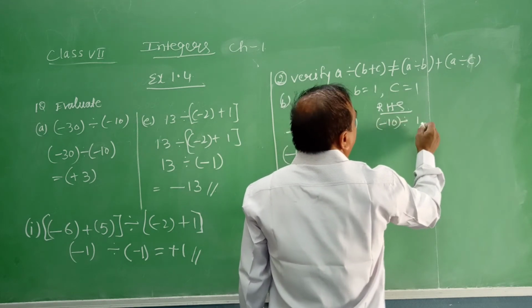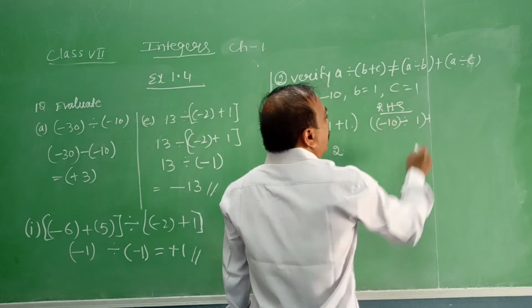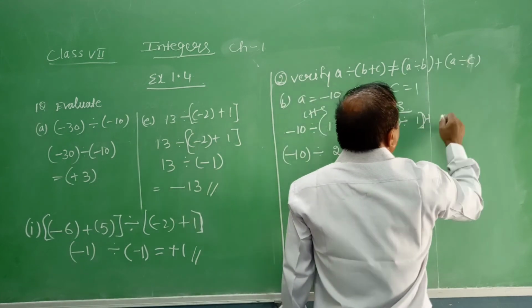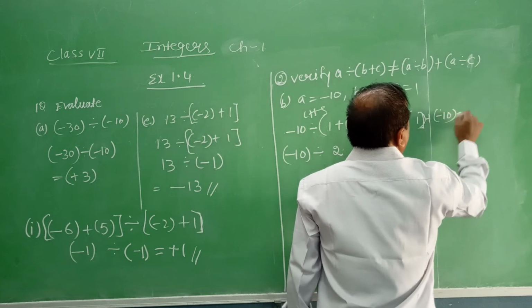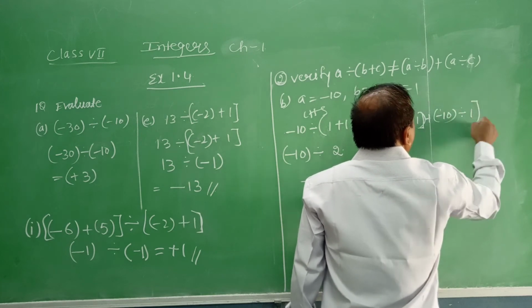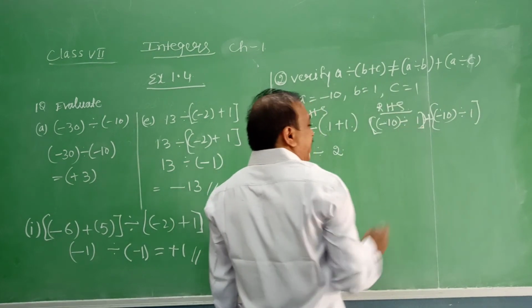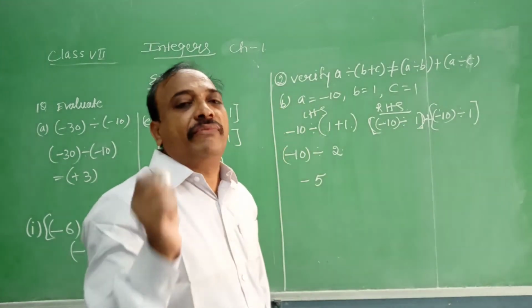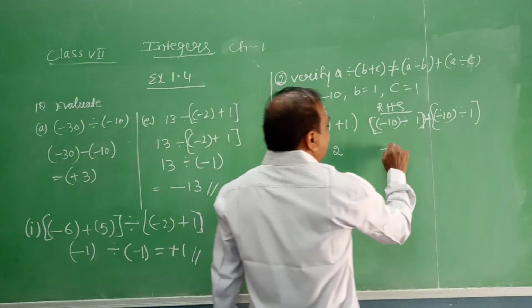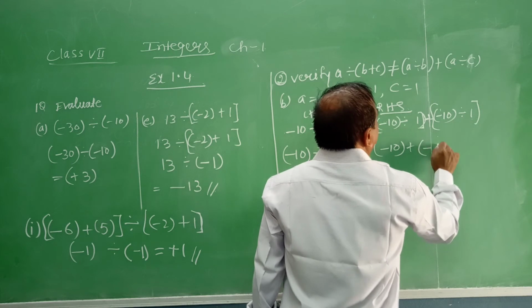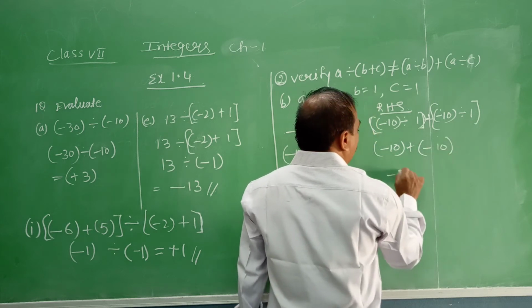Minus 10 divided by 1 plus again minus 10 divided by 1. Observe these two, minus 10 divided by 1. If you divide any integer by 1, we get the same number. That is minus 10 plus minus 10, which is equal to minus 20.